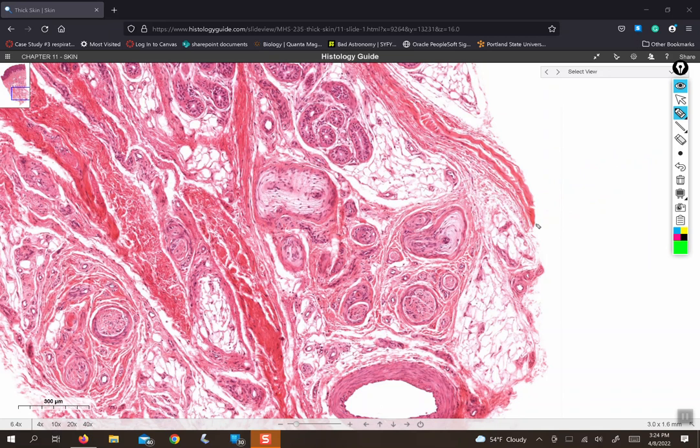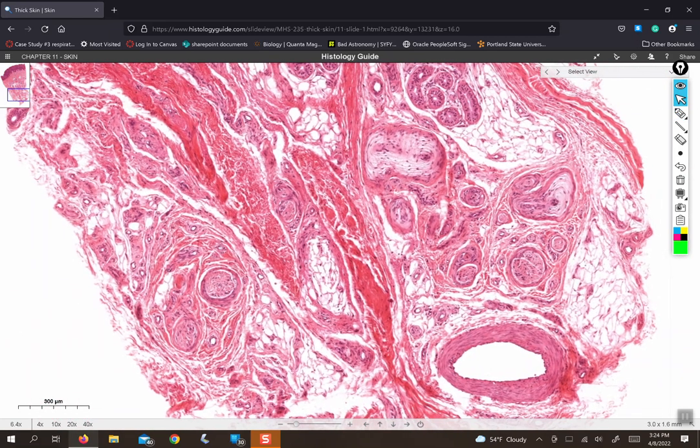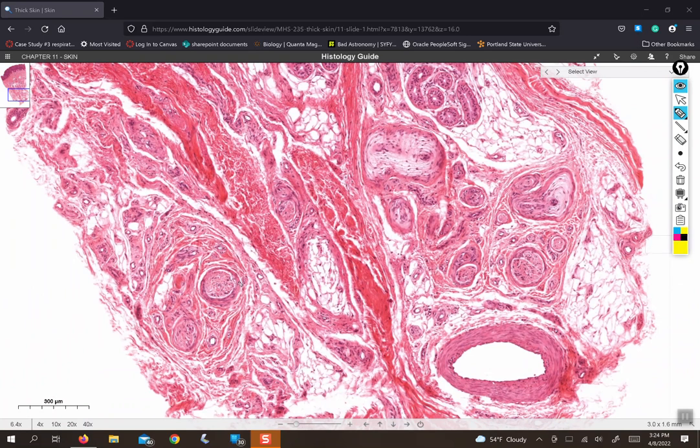You can also see cross sections of nerves. So these are nerve cross sections, these little round guys. And then down here, this is an artery for blood supply. So remember, sometimes I'm going to show you stuff on the slides for context that is not necessarily on your list.